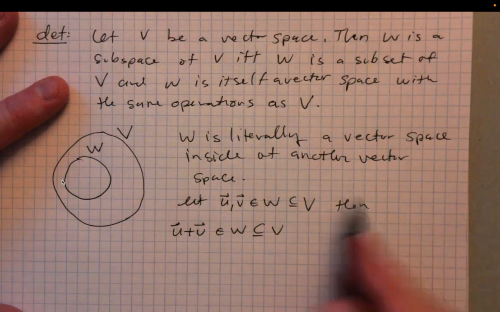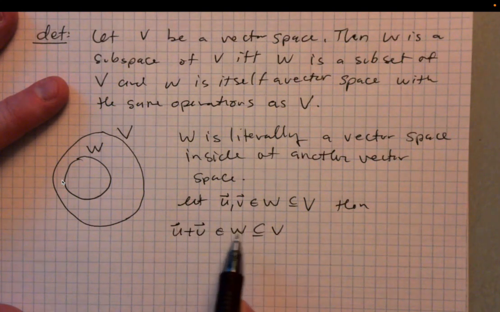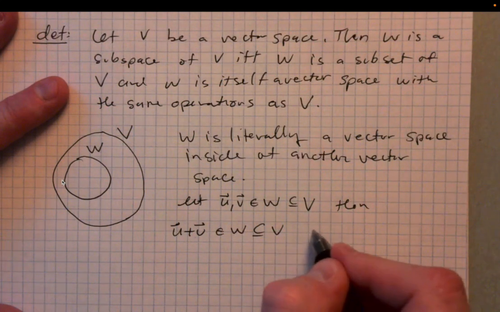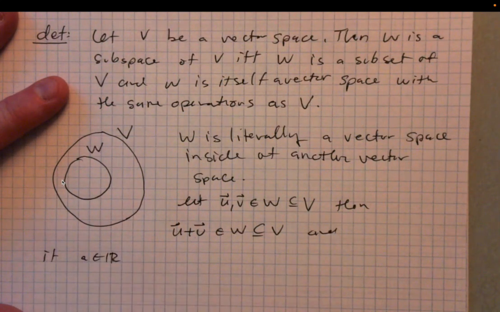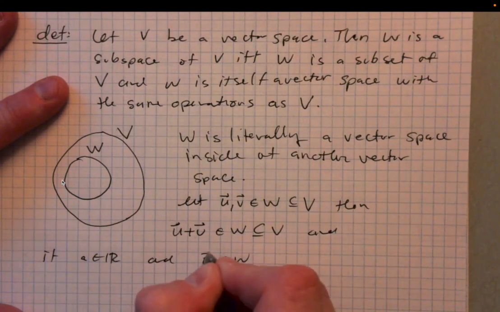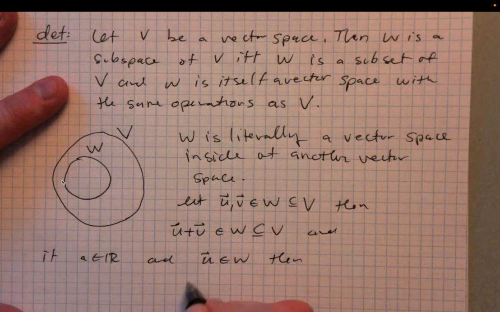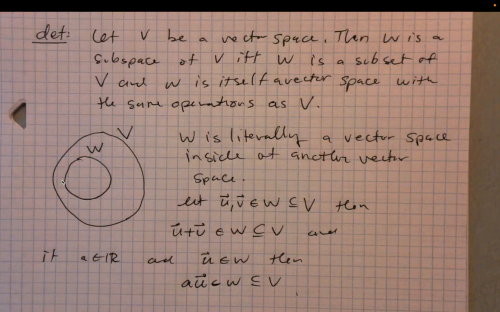So if u and v are in W, then u plus v needs to be in W as well. And if a is some scalar and u is in W, then a times u needs to stay in W as well. And so subspaces are like subsets.